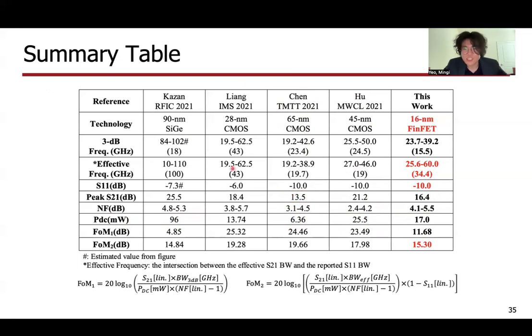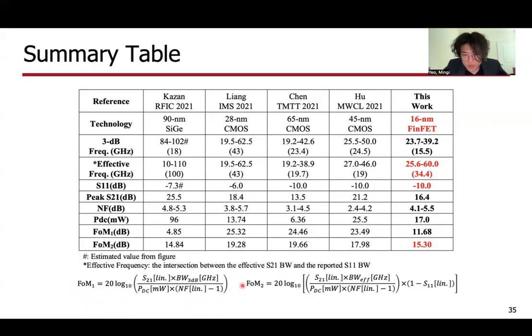As all these LNAs shine in different areas, we use two figure-of-merit equations to compare their performances. The first is the conventional wideband LNA figure-of-merit equation, which considers the peak gain, 3 dB bandwidth, power consumption, and noise figure. Using this first equation, we were able to obtain reasonable performance compared to the others.